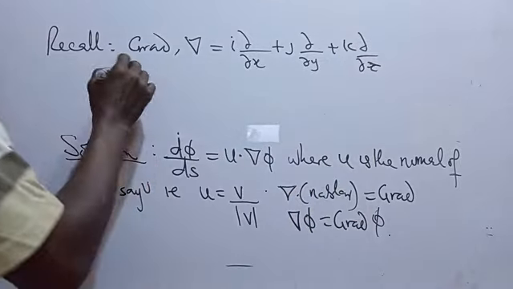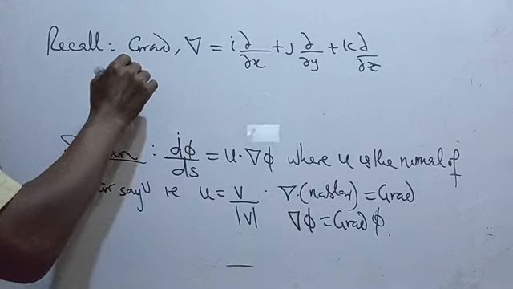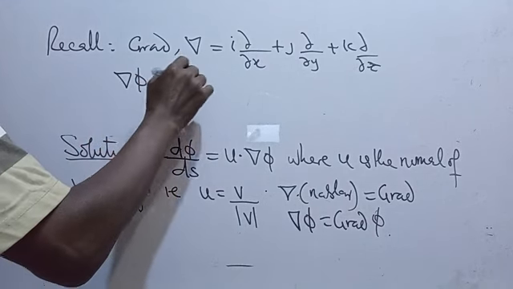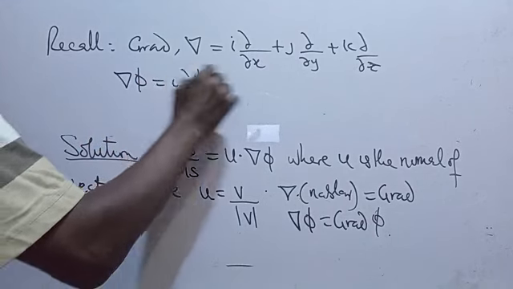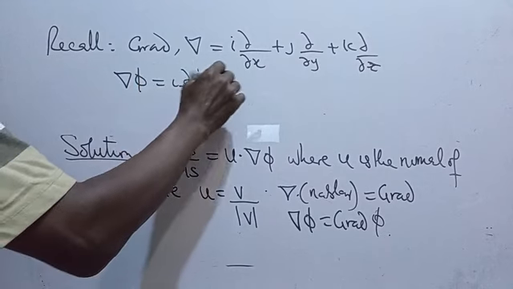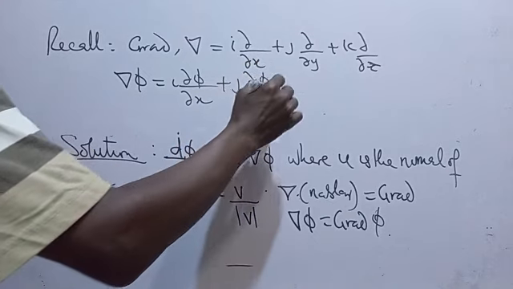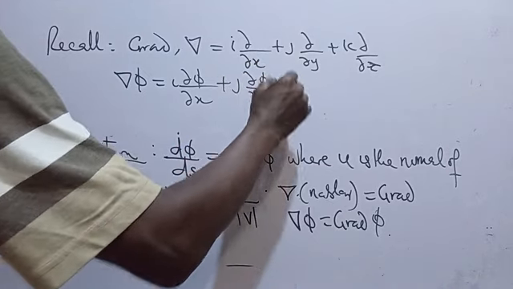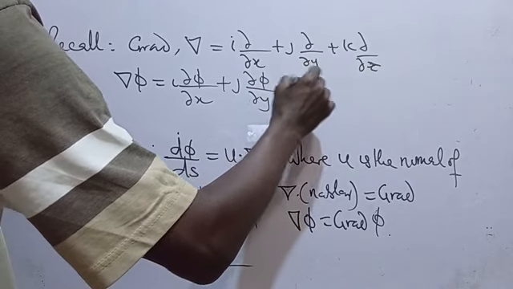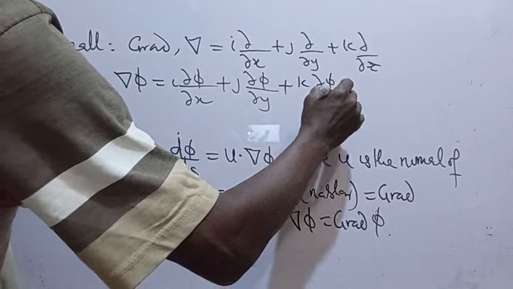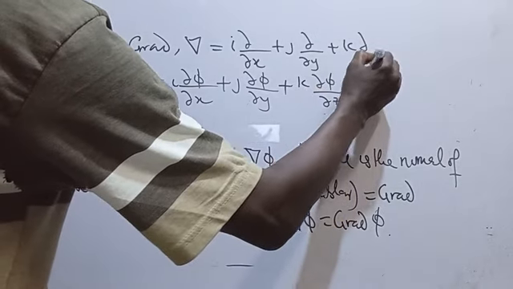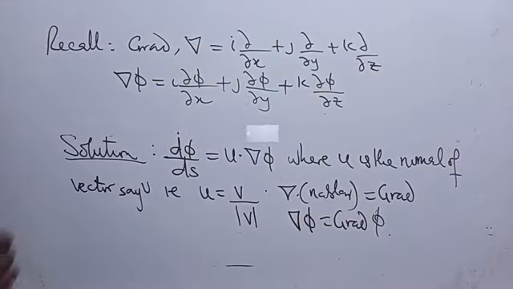So grad phi will now be i partial derivative of phi with respect to x, plus j partial derivative of phi with respect to y, then k partial derivative of phi with respect to z. So it's very easy. Let's go on.